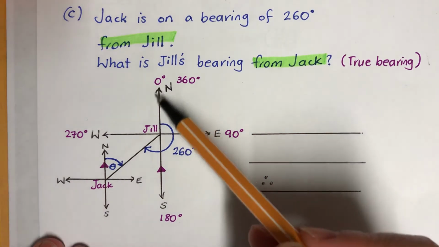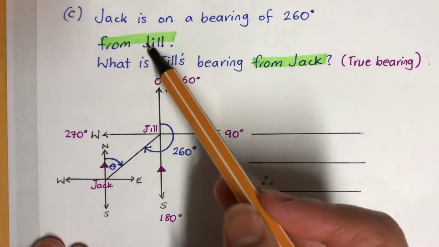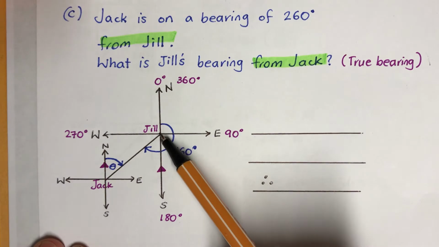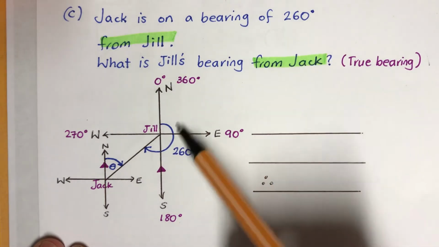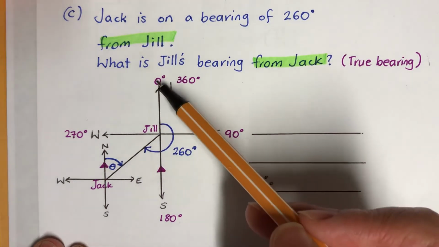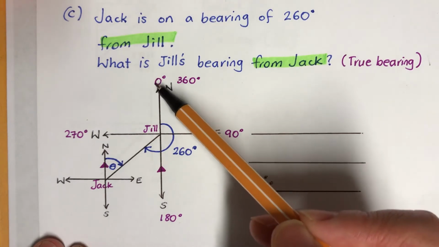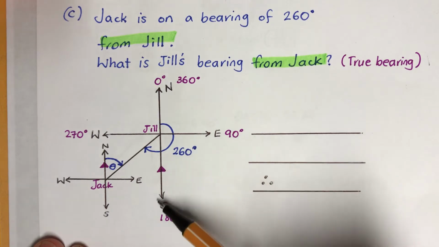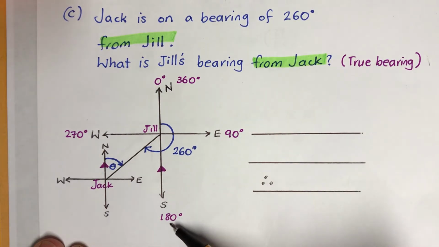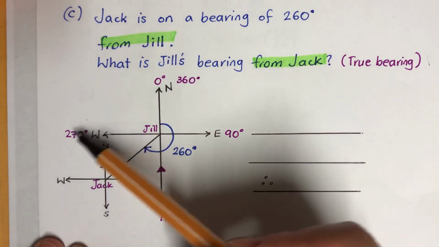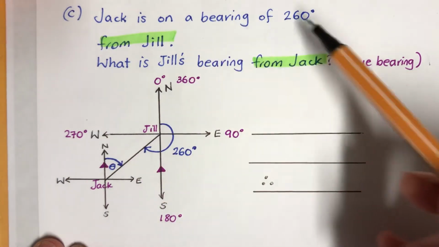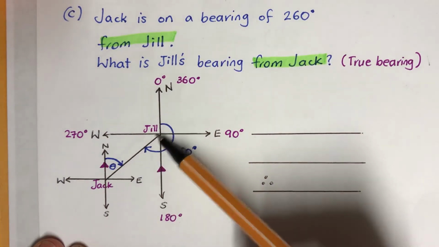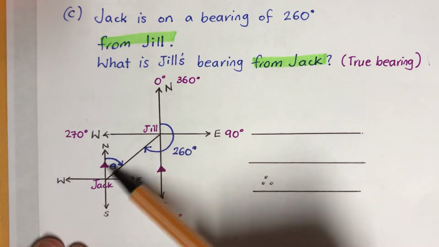This is my first one, where Jill is the center, the starting point, and the bearing is 260. Because it starts from north, that's 0 degrees, going to east is 90, south is 180, west is 270. So a bearing of 260 is just less than 270, so it's here.